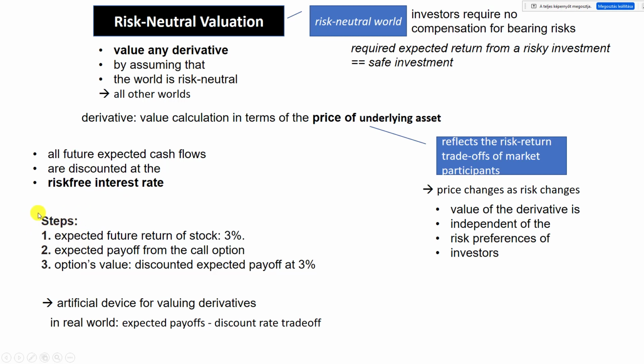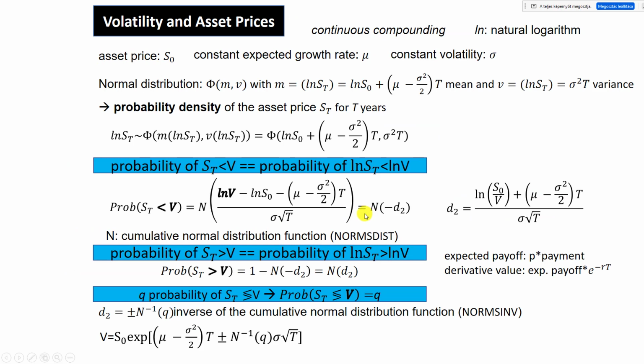estimate it, and we have the following steps. So we have the expected future return on a stock, and this will calibrate the expected growth rate.